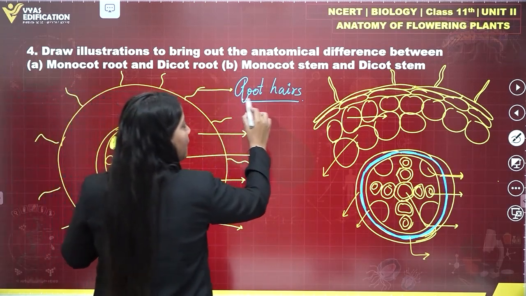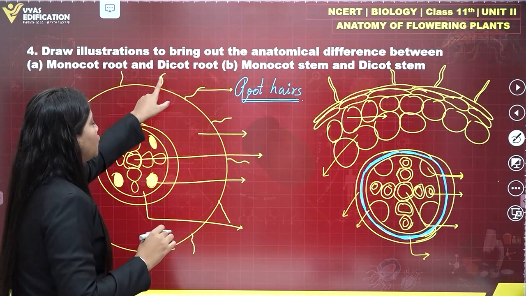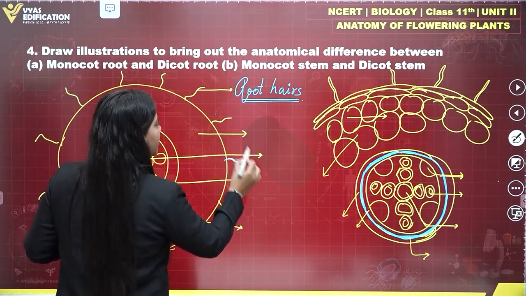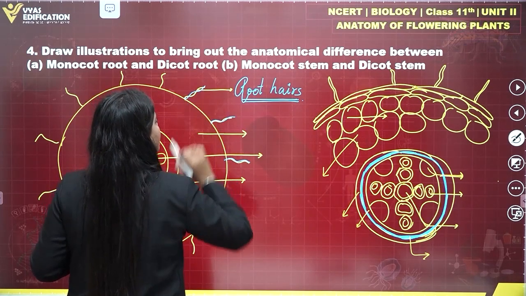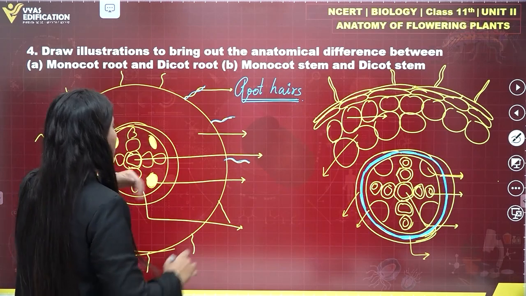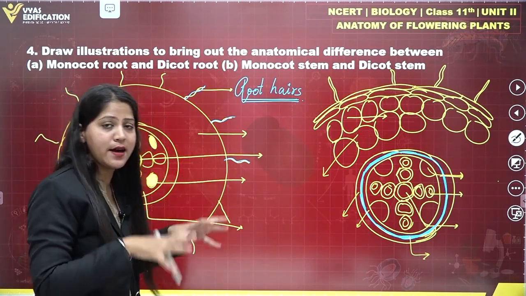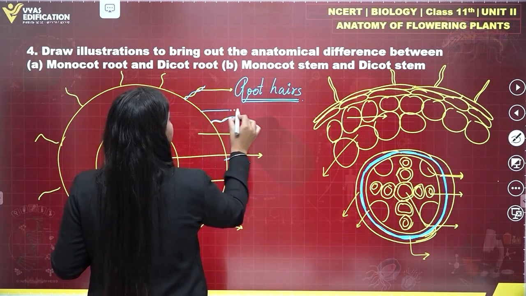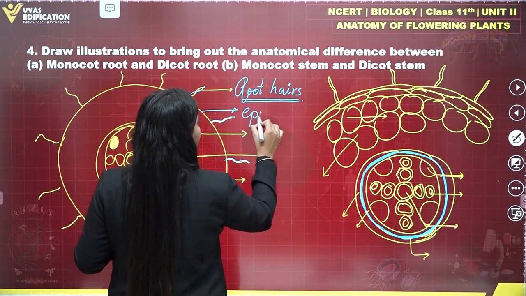So you can see these structures, which are nothing but root hairs. Now let's talk about the first layer to which these root hairs are attached. This layer is known as epidermis.